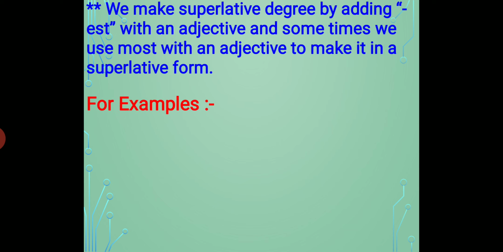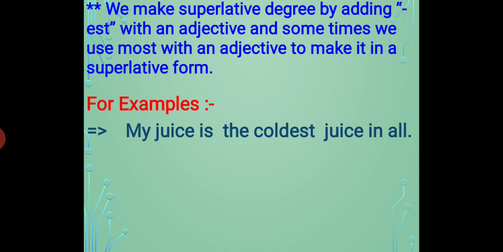Let's see the examples. My juice is the coldest juice in all. Just look here. After juice, there is the, and after the it is the superlative form of cold, right? Juice in all, because all the juices are compared, not only two juices.